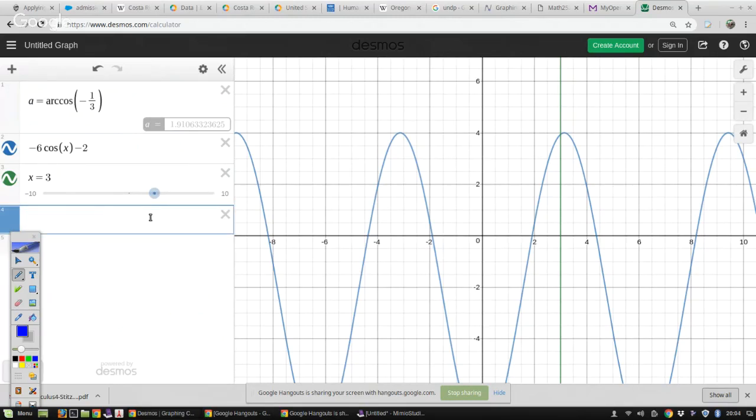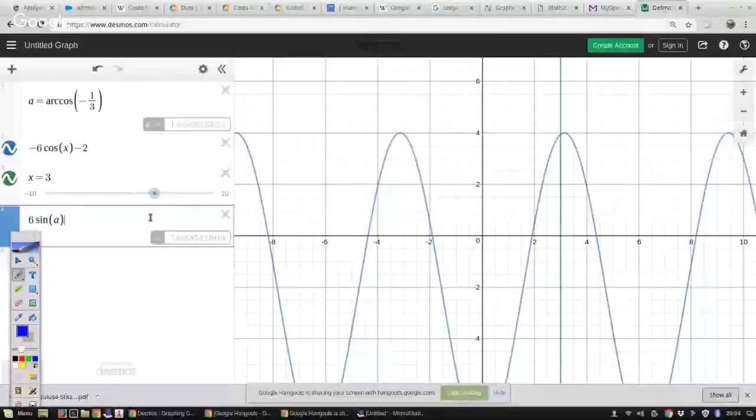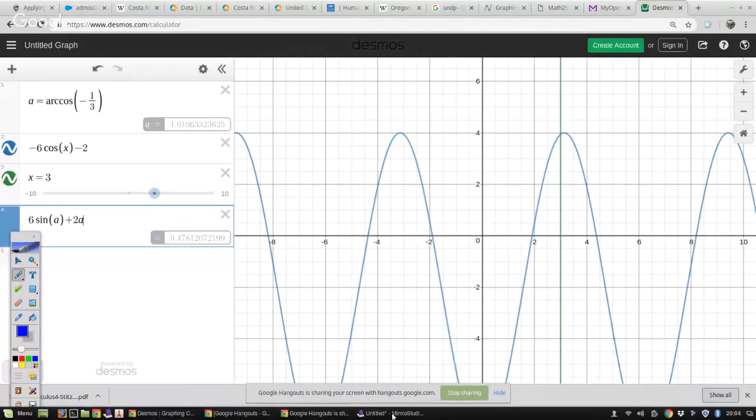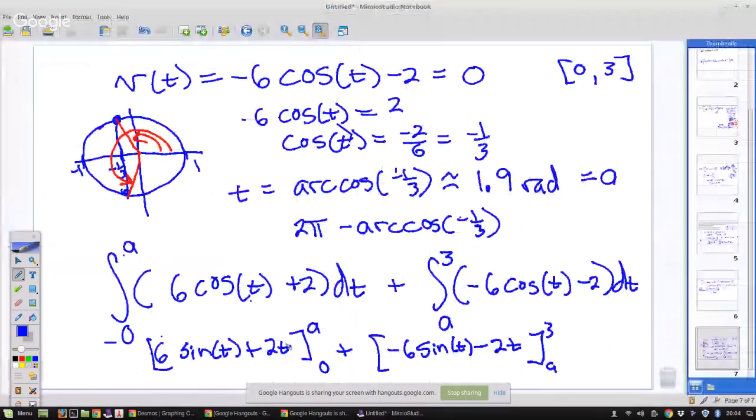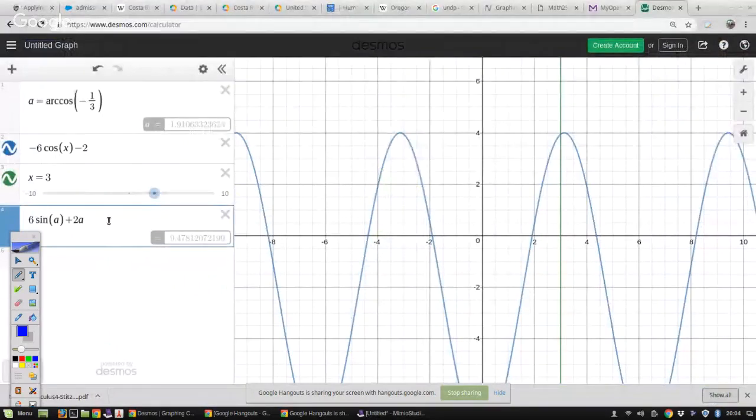So putting that all together, we have 6 times the sine of A, which I typed above already, plus 2A. Evaluate that at 0, the lower bound. Each of these is 0. Okay. So I can skip that, and then I'm going to have a plus, I'm going to put parentheses.